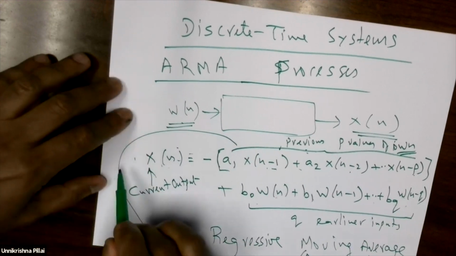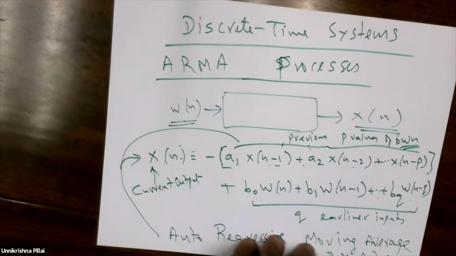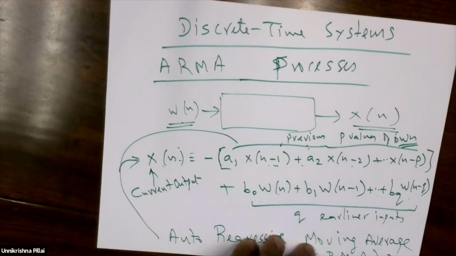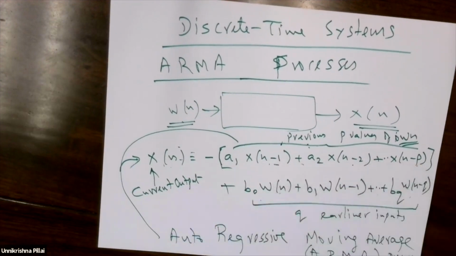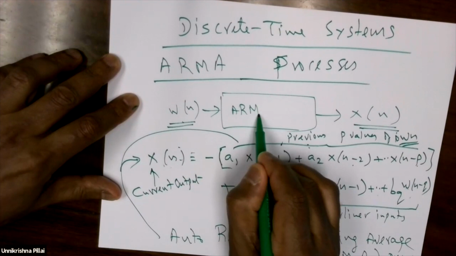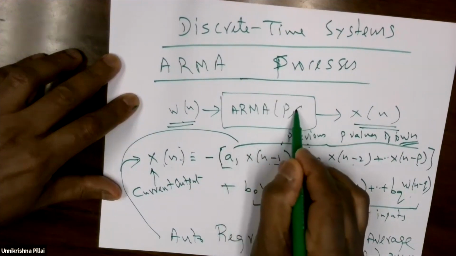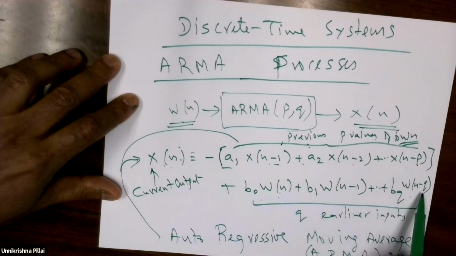The xn is called an ARMA process, and a lot of things that we study can be put into this. It's only a question of which variables and what the values of p and q are. So this is called an ARMA(p,q) process, because p is the regression order and q is the moving average order.